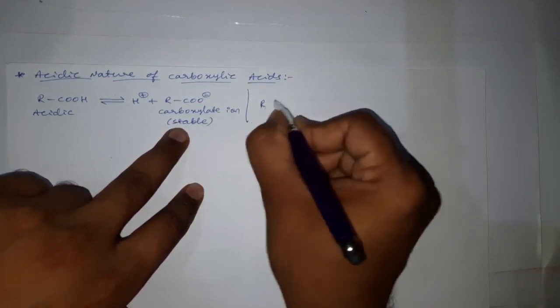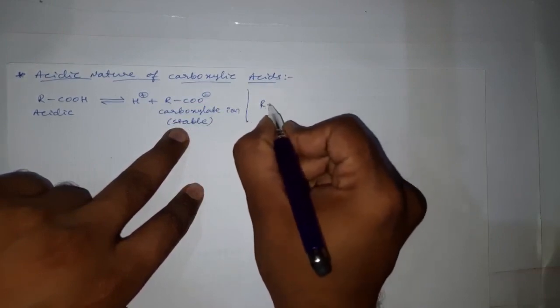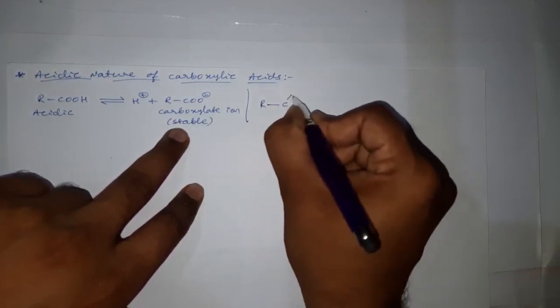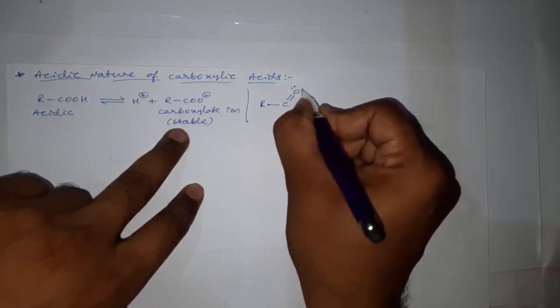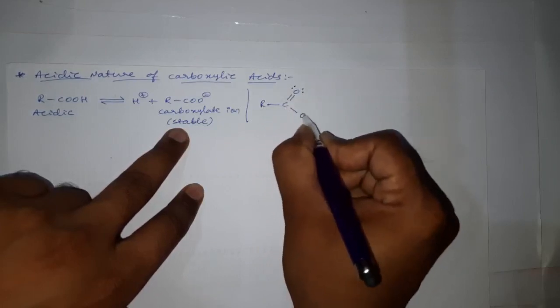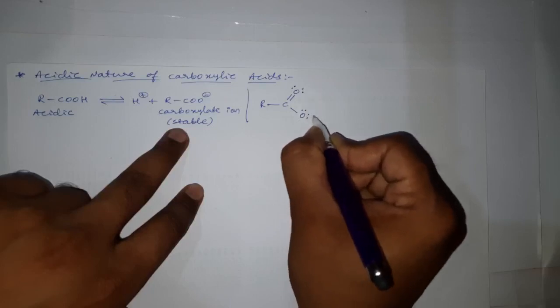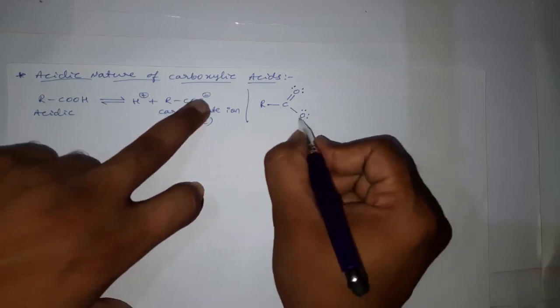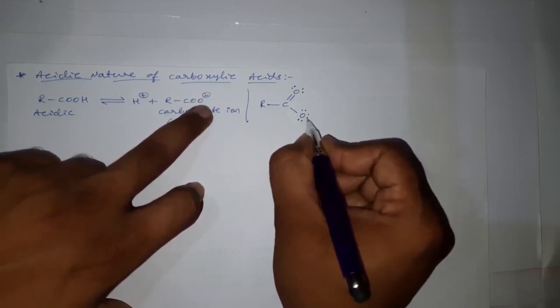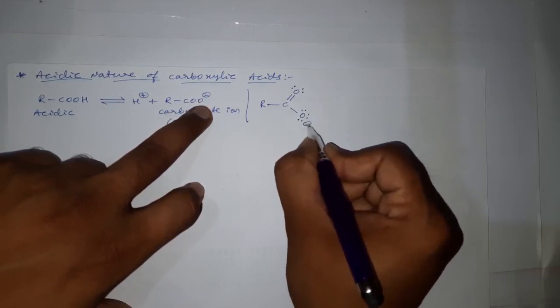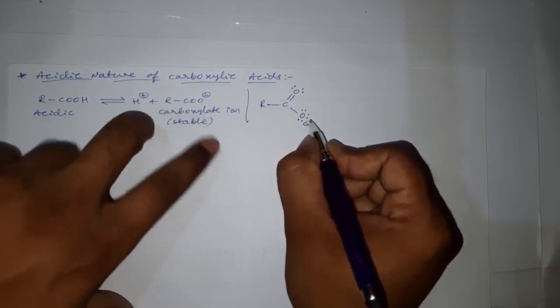See here, we can write the carboxylate ion like this: C double bond O with two lone pairs of electrons, single bond O with two lone pairs of electrons, and a negative charge here because this oxygen gets an extra pair of electrons coming from the bond between hydrogen and oxygen.